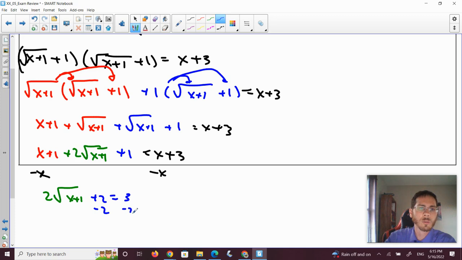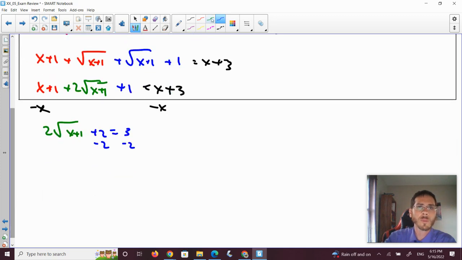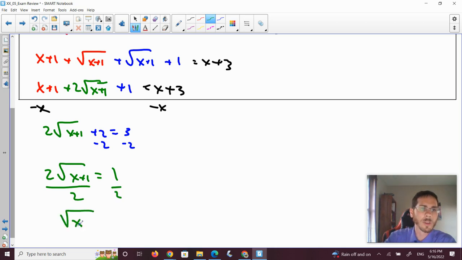We can subtract 2 both sides. So we get 2 radical x plus 1 equals 1. Divide both sides by 2. So square root of x plus 1 equals, no, just 1/2. Getting ahead of myself. Equals 1/2.